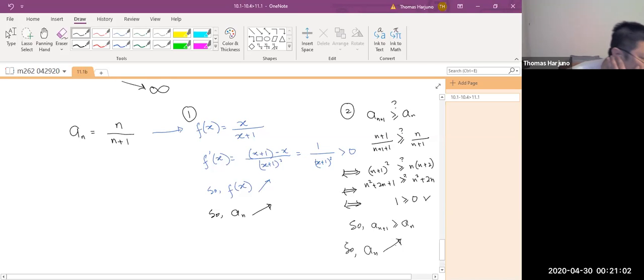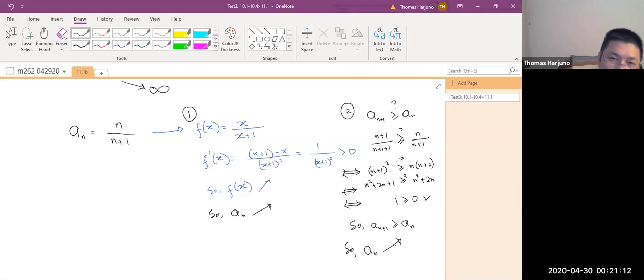Okay, so those are two different techniques to show that a sequence is increasing or is monotonic. You look at the derivative of the continuous function, or you compare the next term with the current term. Okay.